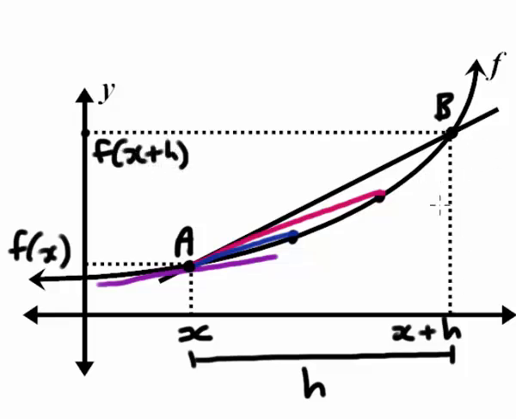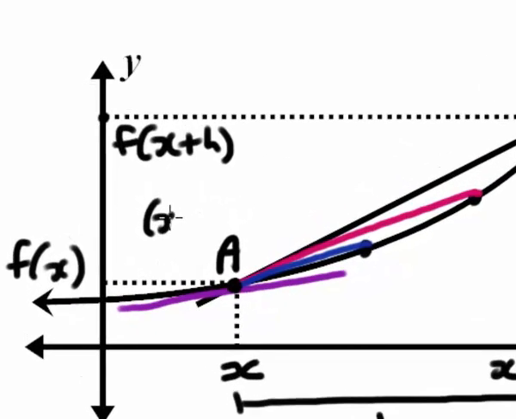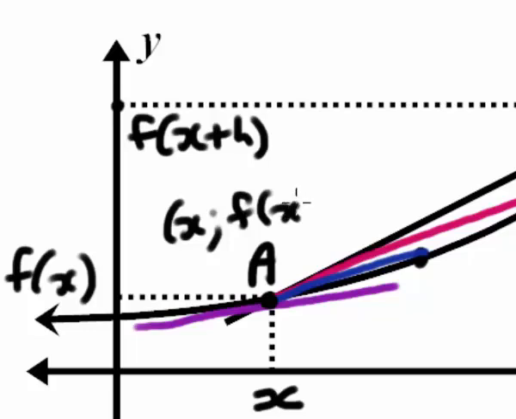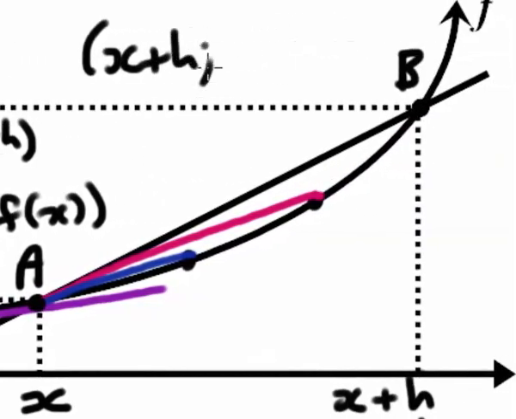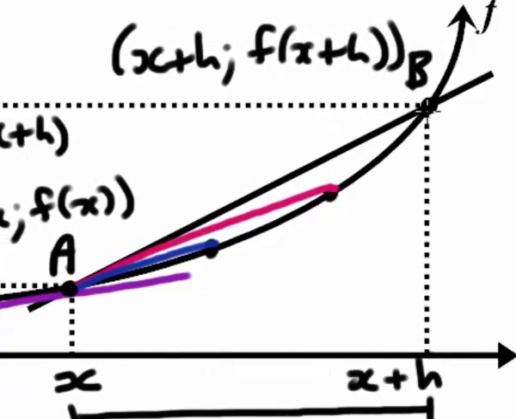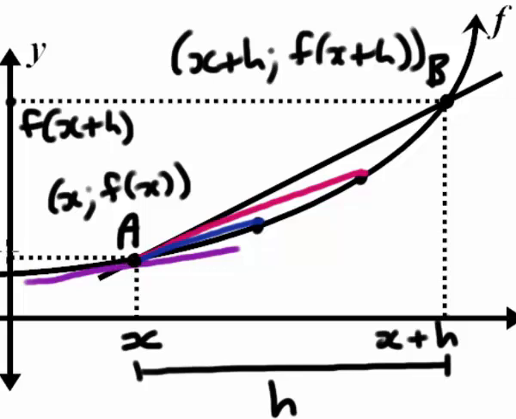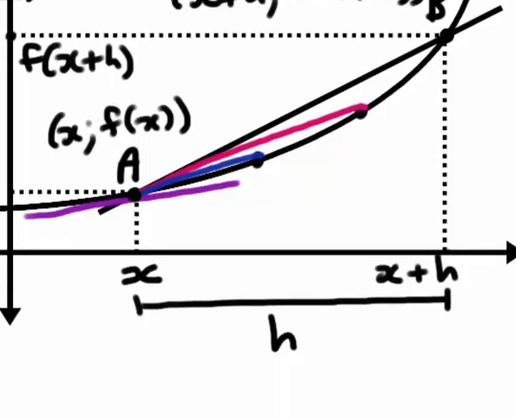For point B, A would be the point X, F of X, and B would be the point X plus H, F of X plus H. That's a point with X and a Y value there for A. For B, you've got X plus H as its X value and F of X plus H as its Y. Now, what is the gradient of line AB?